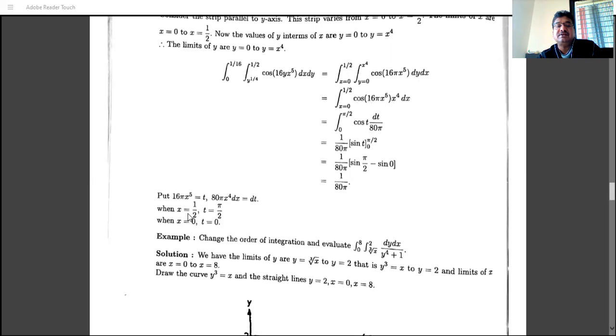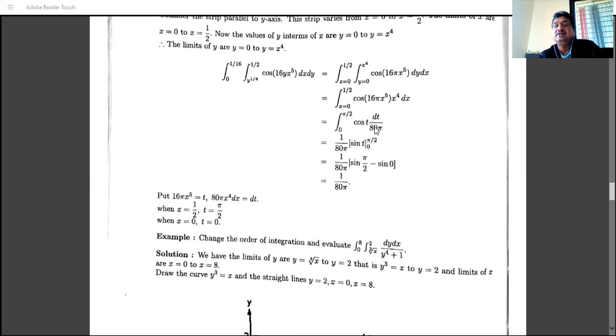As x tends to 0, t is also 0. If we substitute x as 1/2, then (1/2)^5 is 1/32, and 16π/32 means π/2 as the upper limit. So as x tends to 1/2, t tends to π/2. So the limits are 0 to π/2.